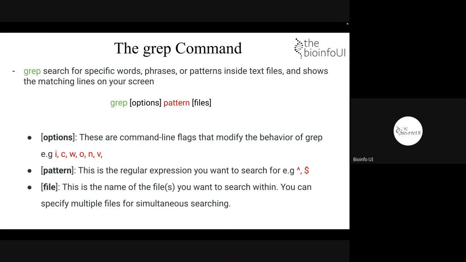So let's say I have a document containing maybe different FASTQ files and FASTA files and other different file formats that we can use in bioinformatics. And then you want to filter out or just see those that are FASTA files only.